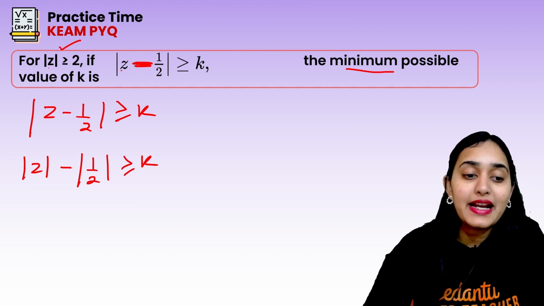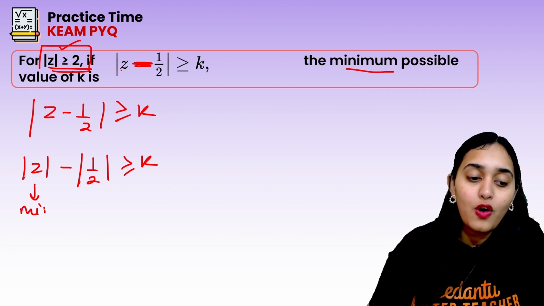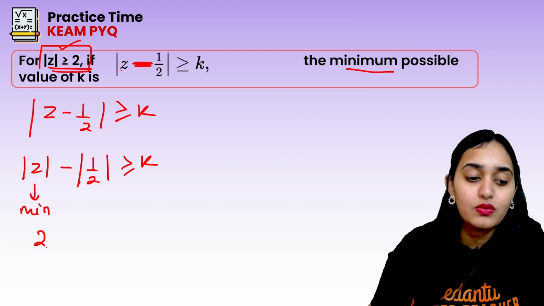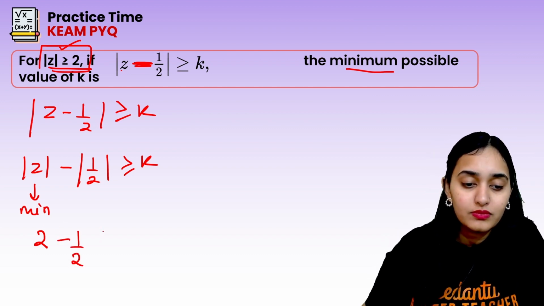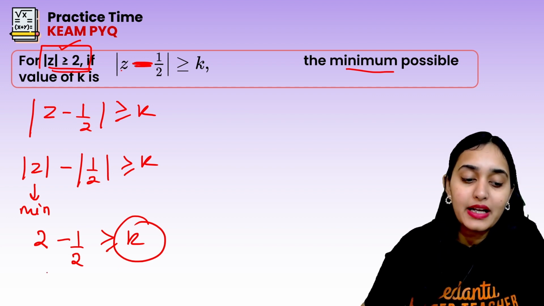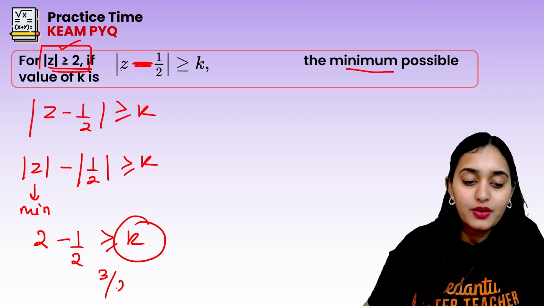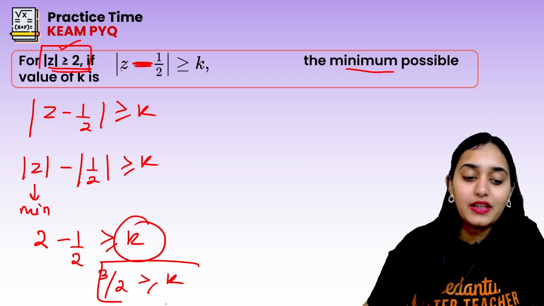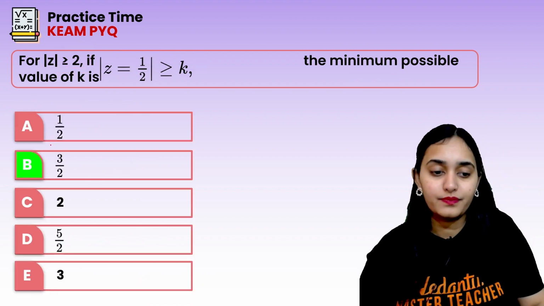Now the minimum value for mod of z is 2 because it is greater than or equal to 2. So 2 minus 1 by 2 is the minimum value for k. What is 2 minus 1 by 2? 2 2s are 4, 4 minus 1 is 3. So 3 by 2 is the minimum value of k. They are asking the minimum value of k, so your answer should be 3 by 2. Okay.